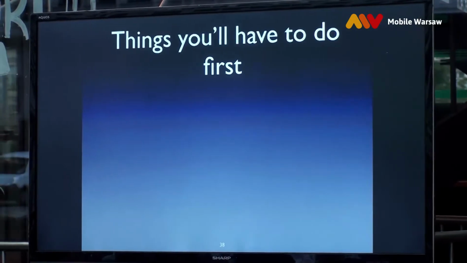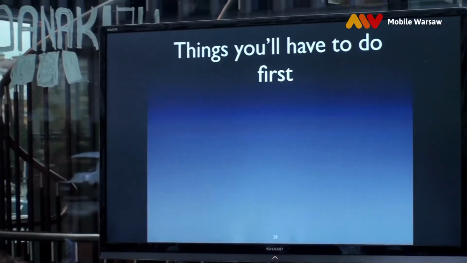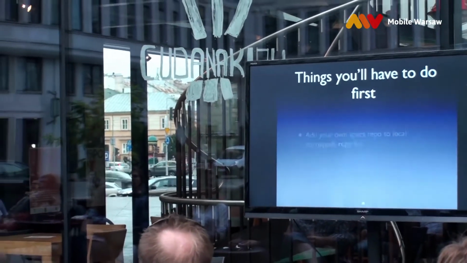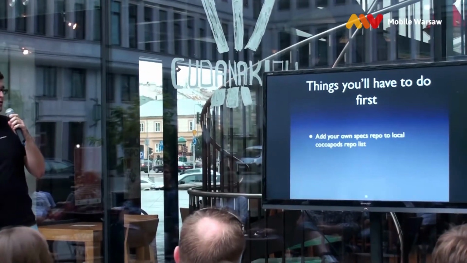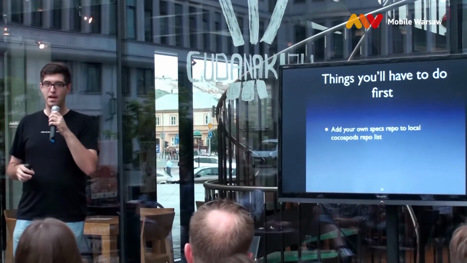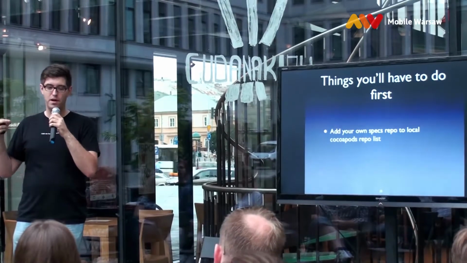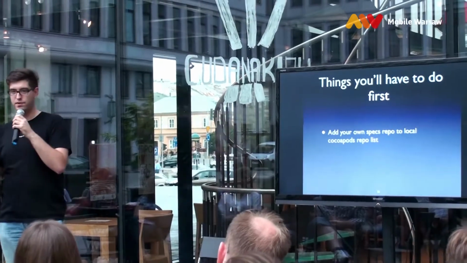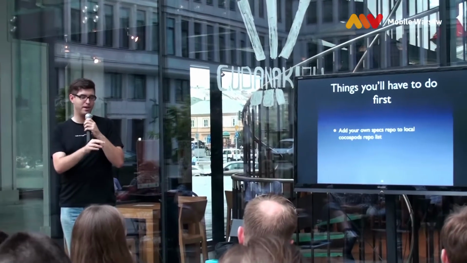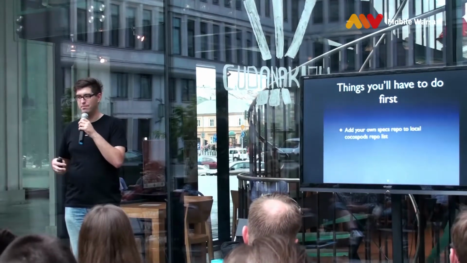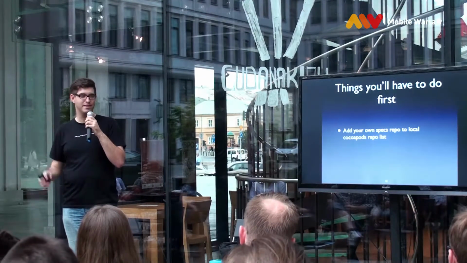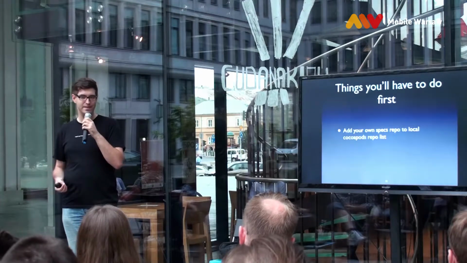So, moving on. Things that you'll have to do first before you can use your own awesome pod specification. You'll have to add your own specs repository to the local CocoaPods repo list. As I mentioned a few slides before, CocoaPods uses a single Git repository for all the specifications. And of course, CocoaPods creators don't exactly want everyone messing around with it, so they handle write rights very reluctantly, I'd say.